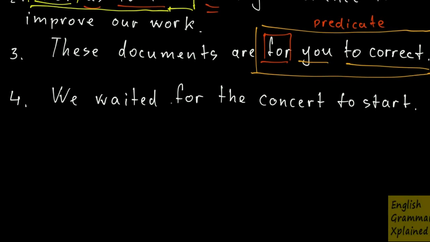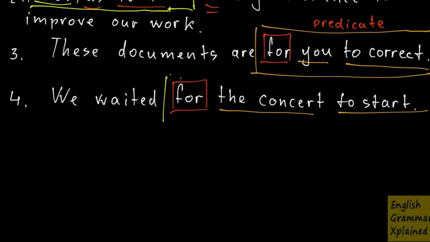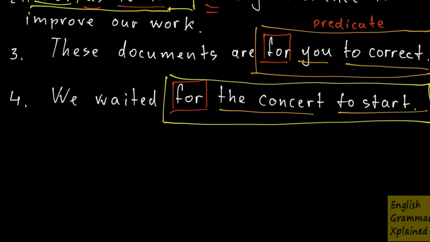Well, what do we have here? We have for, and then we have first object, and then infinitive, the second object. So, this is my complex. For-to-infinitive complex or prepositional infinitive complex, and here it plays the role of object. Basically, it's complex object, but with preposition.